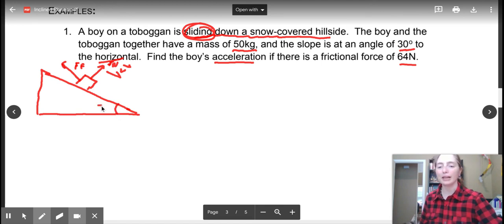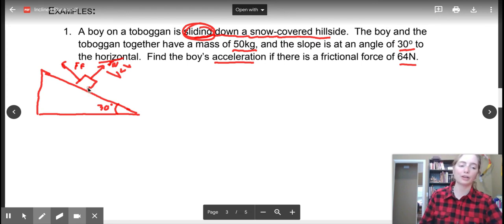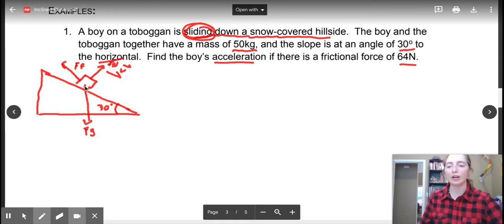We have a theta of 30 degrees on our slope. And we then are going to have our force of gravity. I'm going to make this triangle on our force of gravity here larger than necessary, just so it's easier to see. So this is not going to be to scale, ladies and gentlemen. We have our FG. We have our FG component, which is going to be on the perpendicular.